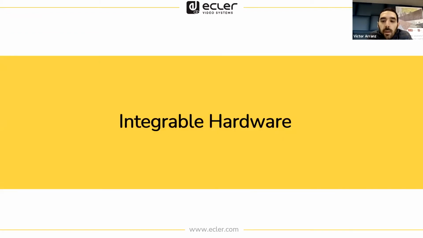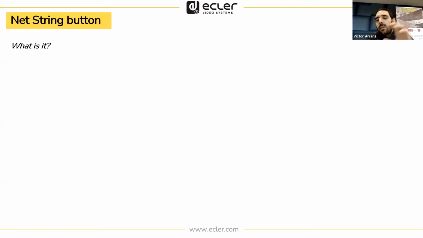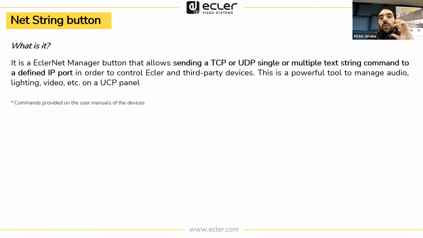Next up, integrable hardware. We said that integrable hardware was those devices that do not have a model per se on the software, but that can be controlled using it. So the main tool that we're going to be using for this purpose is the netstring button.